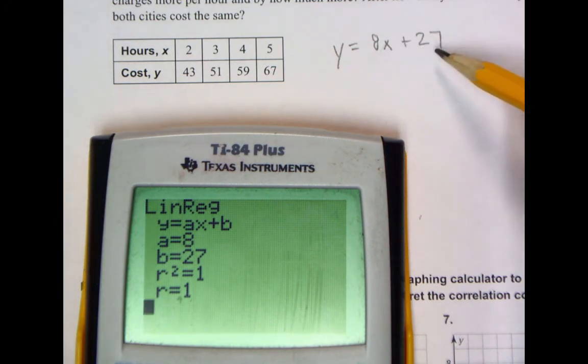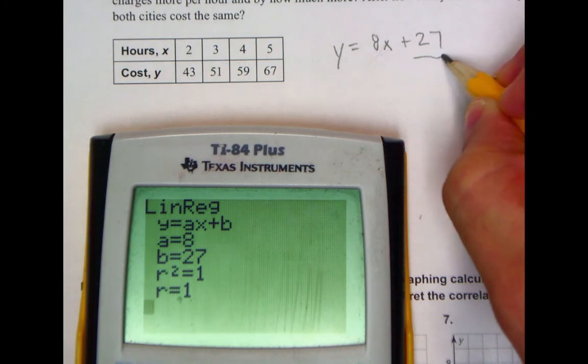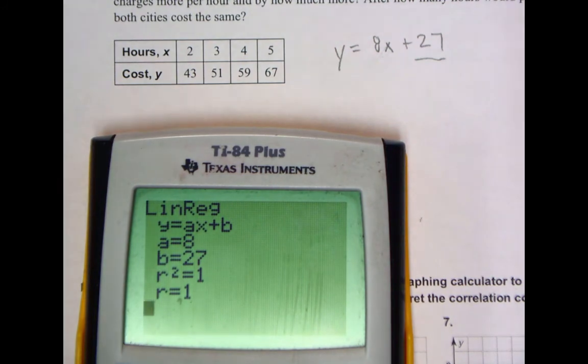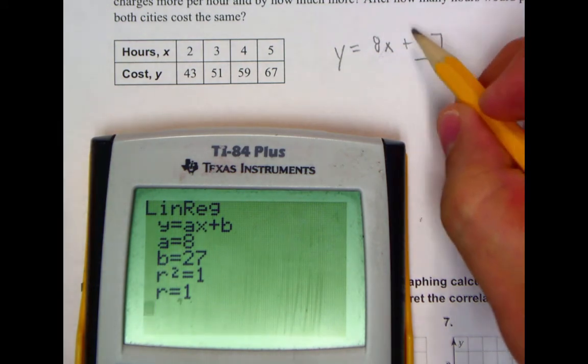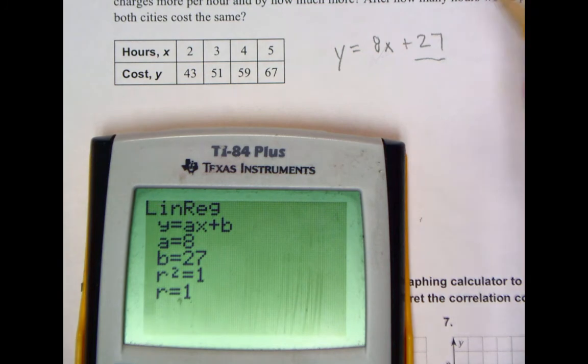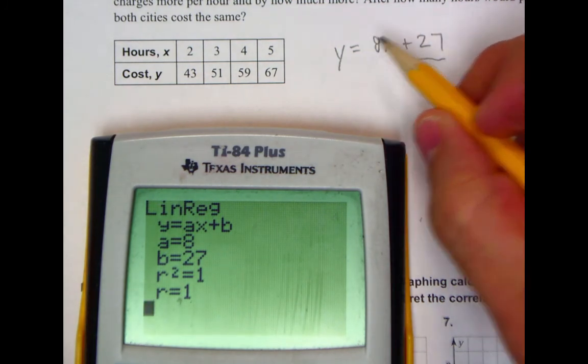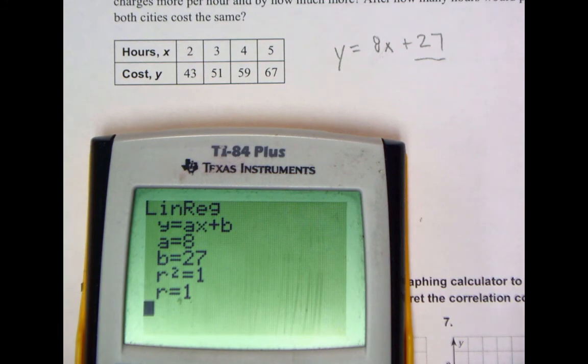Y-intercept in real world terms means starting point. So that means that this would be where you would start. If you drove into the parking garage and grabbed a ticket and were like, oh man, this is the wrong place, I need to leave, and turned around and drove right back out 30 seconds later, you would get charged 27 bucks. That's the starting point. And then for every hour after that, you're going to pay $8 per hour. And that's the sort of interpretation of this.